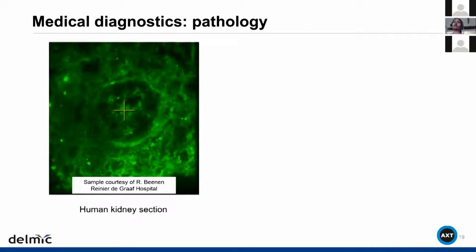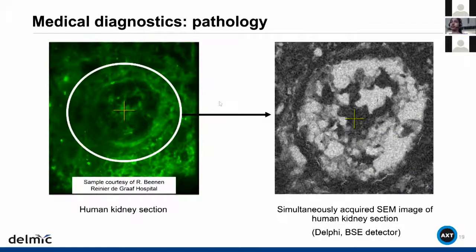An example of the application of the SECOM for pathology is what you can see here. This is a fluorescence image of a human kidney section, of a part of it. And the feature that you see here is a glomerulus. On the Delphi, a simultaneously acquired image is shown on the right.